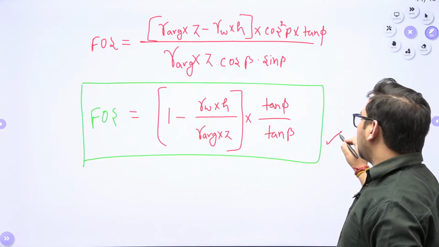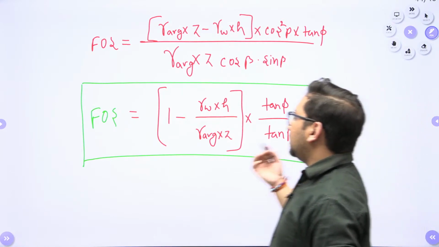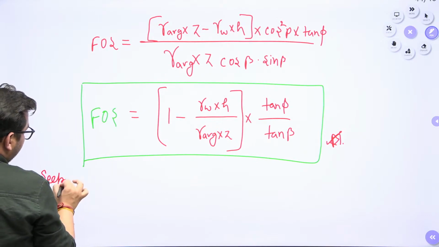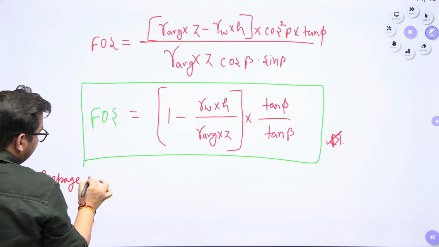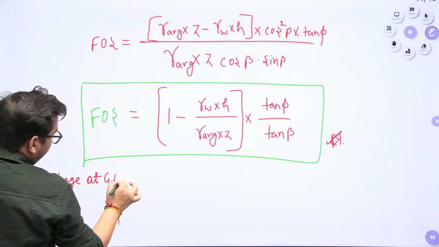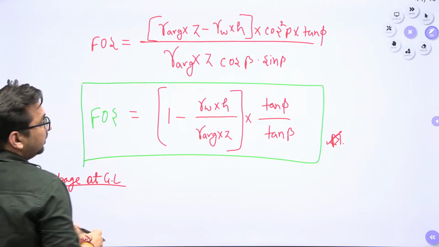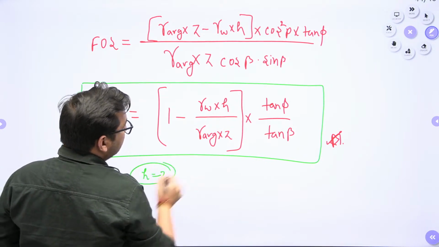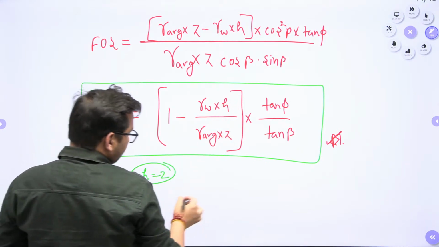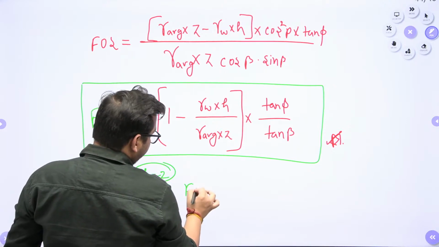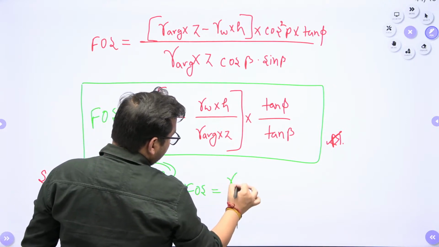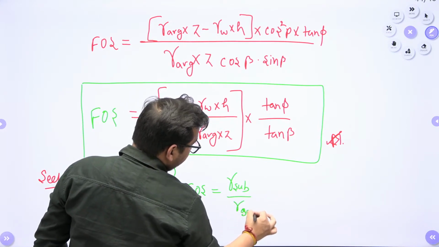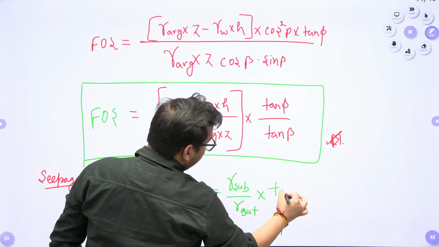Or you can remember this particular formula. In this case, if our seepage is at ground level, its special case will be seepage at ground level. So what if seepage is at ground level? It means my h value is equal to z. So if I just put h equal to z, factor of safety will be gamma submerged upon gamma saturated into tan phi by tan beta.